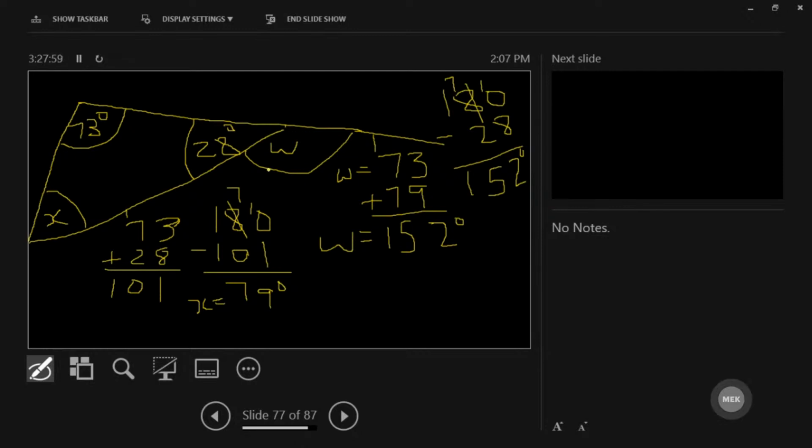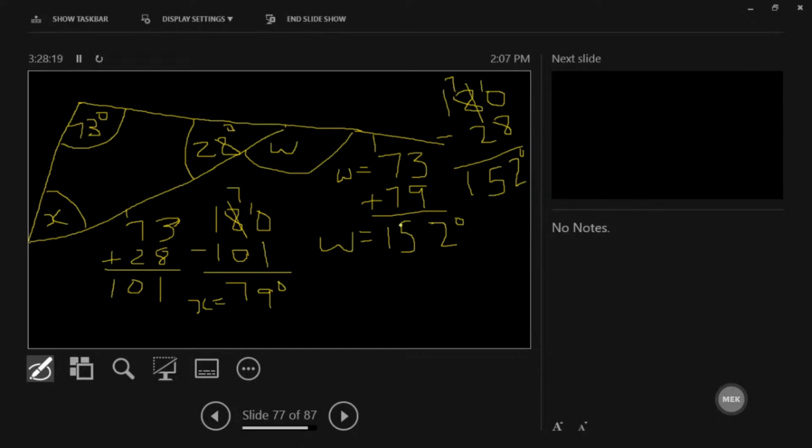So we want to find W. We know that the exterior angle is the sum of the two opposite interior angles. These two, not these two or these two, the opposite interior angles. And we just found one of them is 79, and we know one of them is 73.